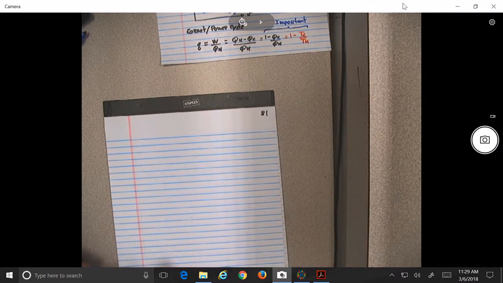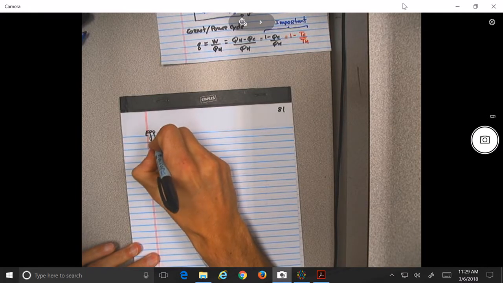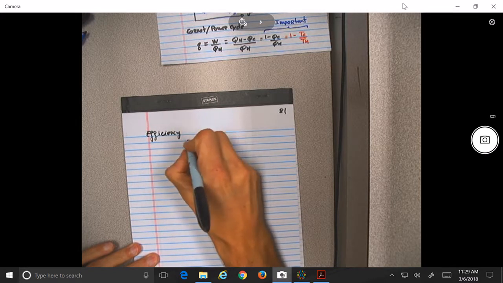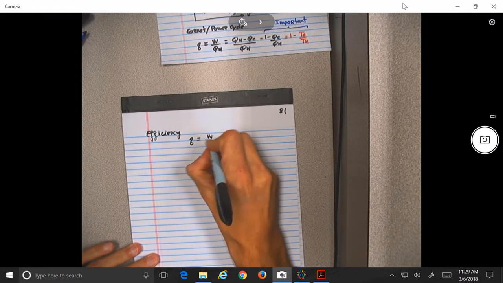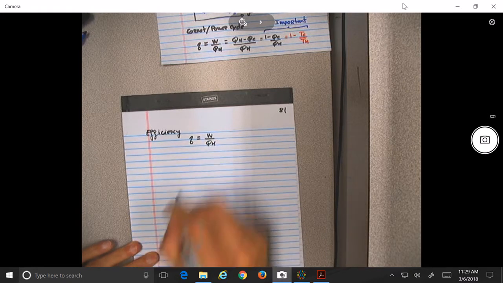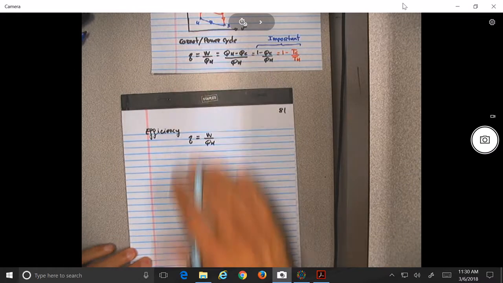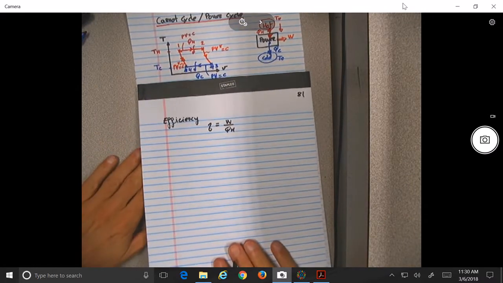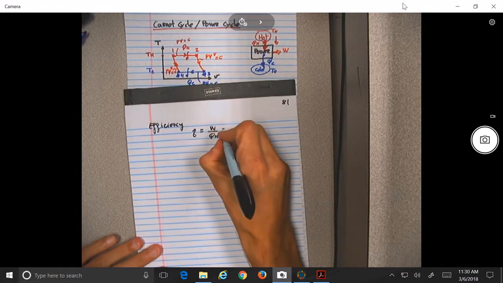So page 81, we say the efficiency is equal to this, no? Okay? So again, I need the figure. If we look at the figure, this should be equal to what?